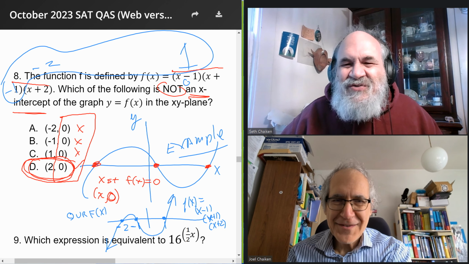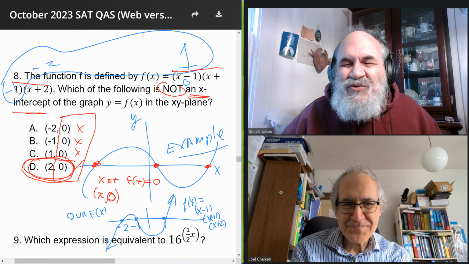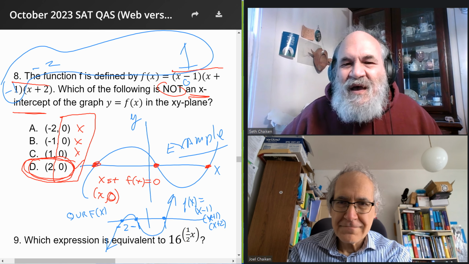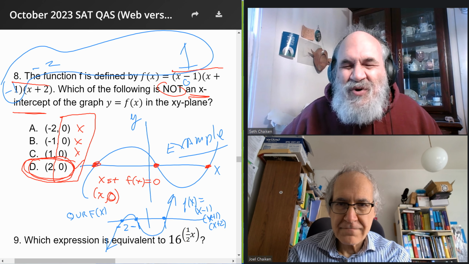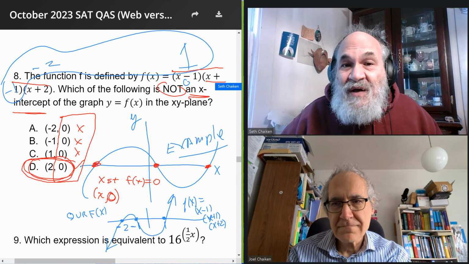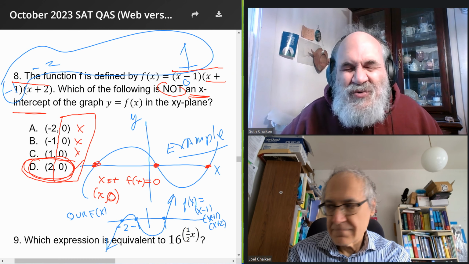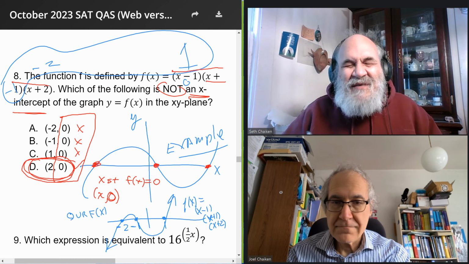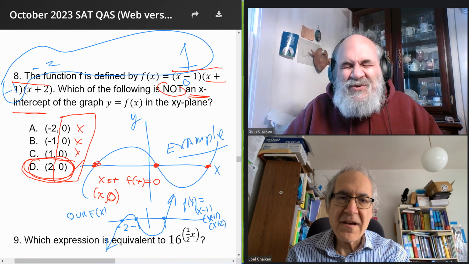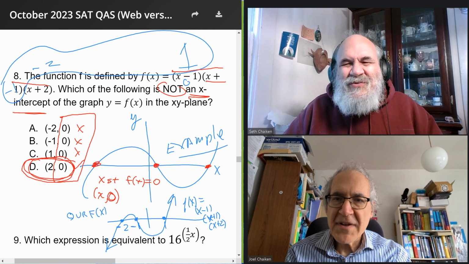So you read off x equals 1, which is a choice that should be ruled out. x equals -1 makes you rule that out, and x equals -2 is the third one, and the one that's left is 2. Nice, short and sweet.